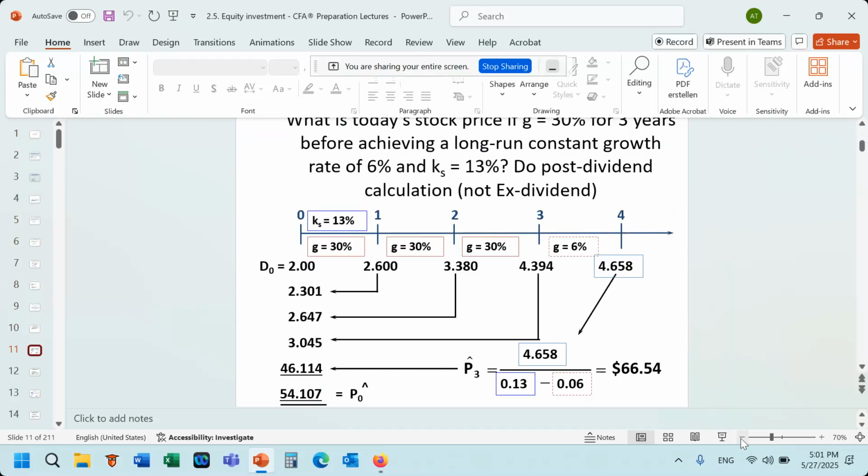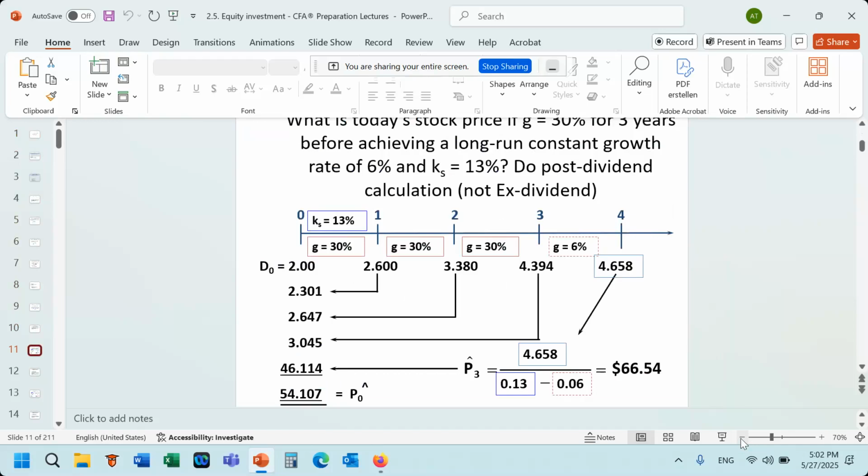And then at year 2, we have a dividend of $3.38. Discounting the 2 years, it becomes $2.64. And finally, at year 1, we have a dividend of 2.6, and discounting it a year, dividing it by 1.13 becomes 2.3. Now we go and add these cash flows at time 0.